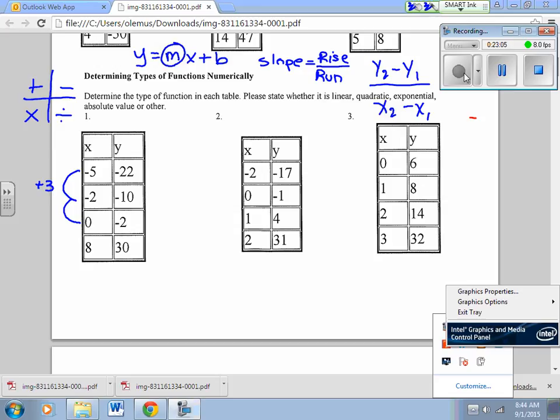Write it on your paper. What is the next one? Would you add a number, subtract a number? What do you think? Add how much? Add 3 again. From -2 to 0. How far is -2 to 0?